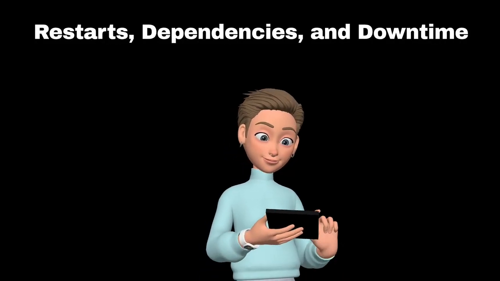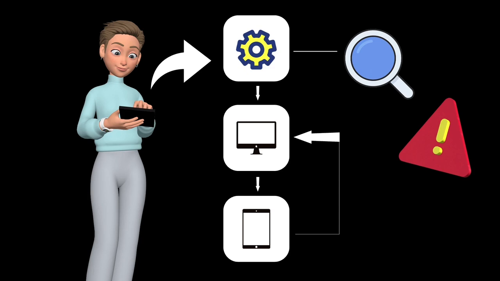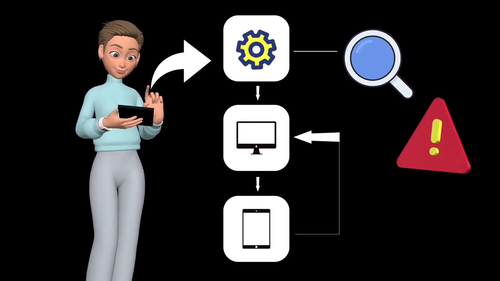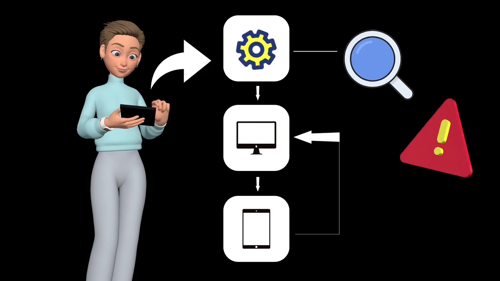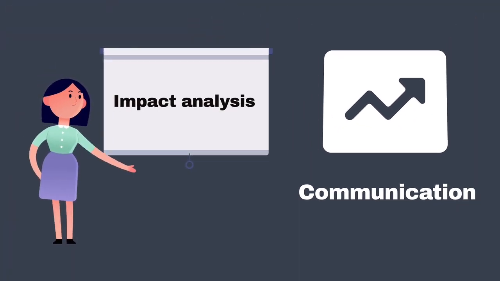Some changes require restarting services or apps, which can lead to downtime. For example, a simple configuration change might require restarting a server. This will affect all dependent apps. That's why impact analysis and communications are key, so users aren't surprised by sudden changes.